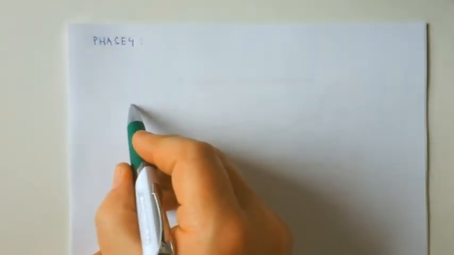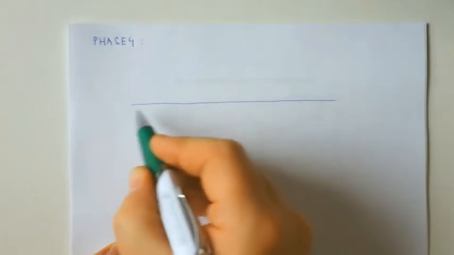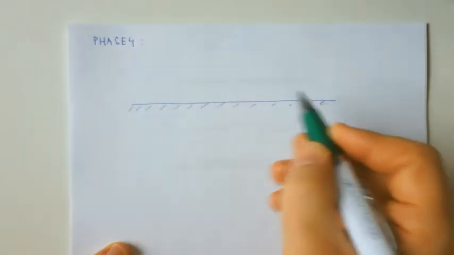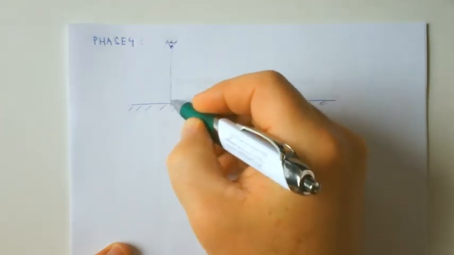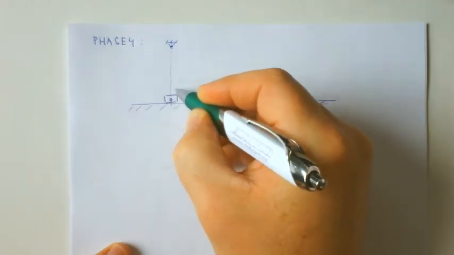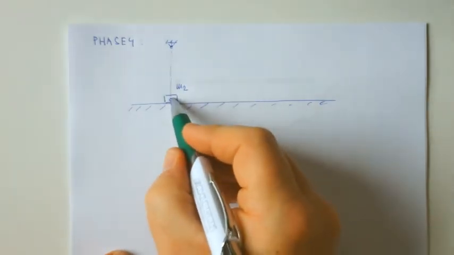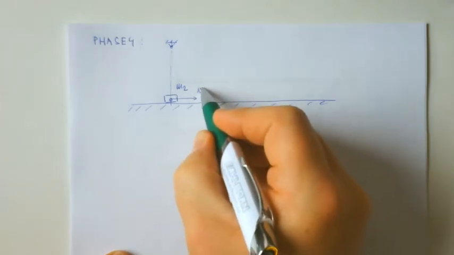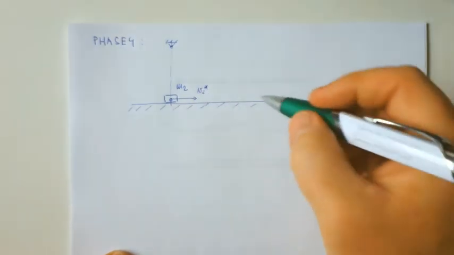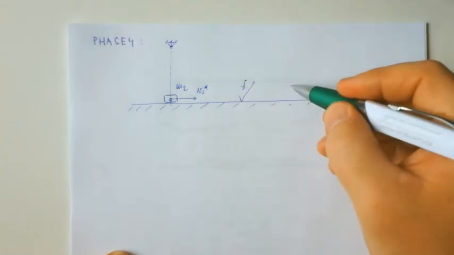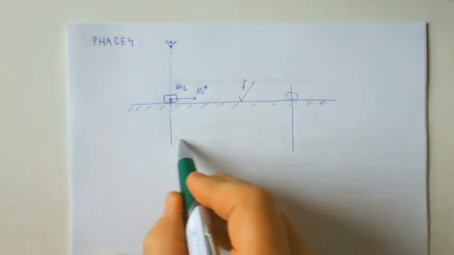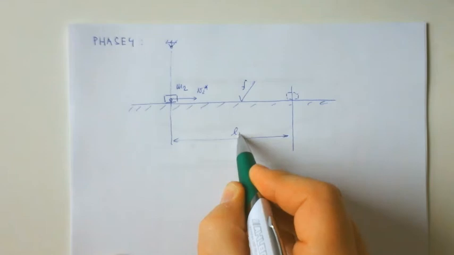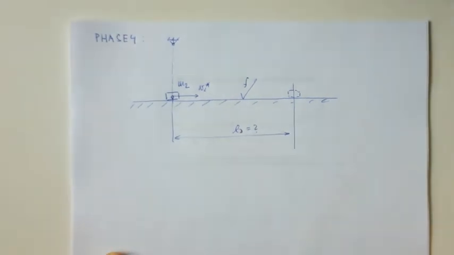Phase 4 is about the independent motion of particle 2. So there is the original position of particle m2, and it goes from collision with velocity v2 star, and because the surface is rough, it will end at some distance LD, and we would like to calculate this distance.